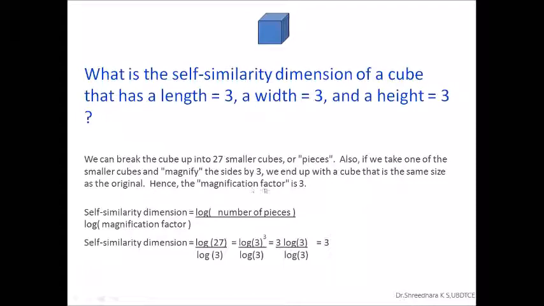Hence, the magnification factor is 3. In other words, the self-similarity dimension is log of number of pieces divided by log of magnification factor. So hence, log of 27 divided by log of 3. 27 can be represented as 3 cubed, so log 27 is 3 log 3. Then finally, the dimension remains 3 with respect to the cube.